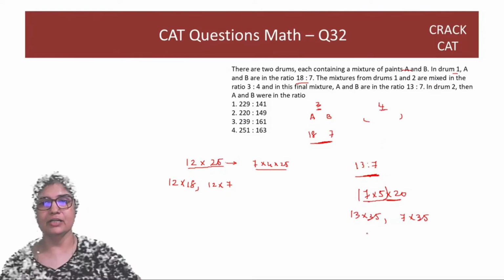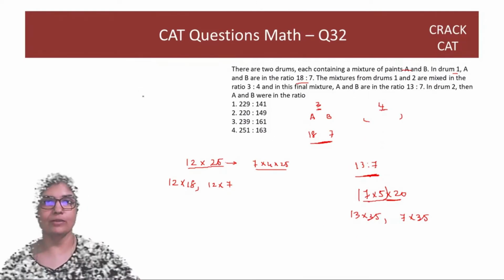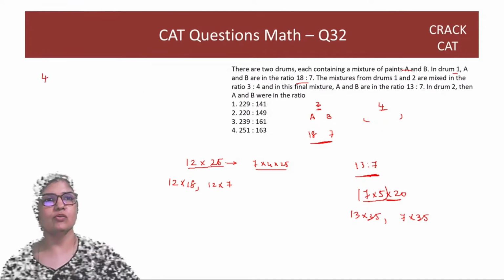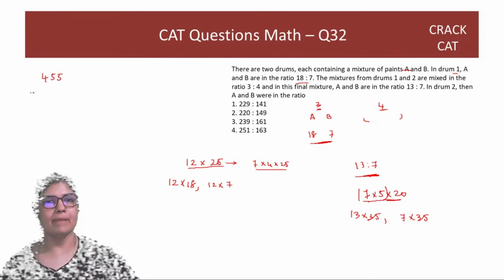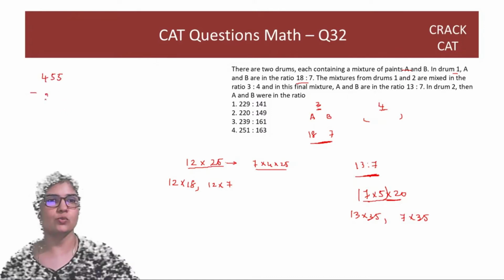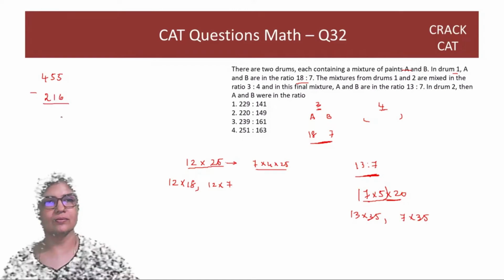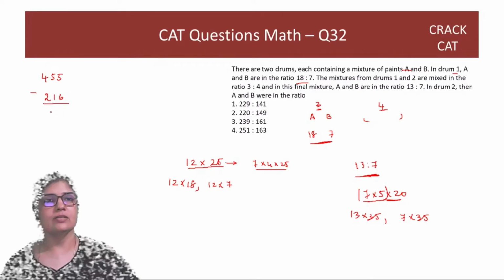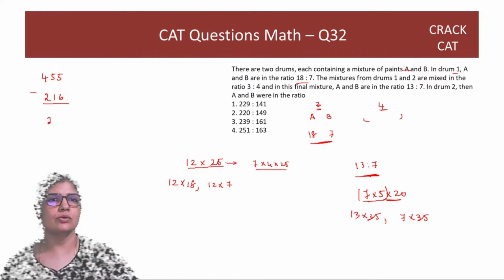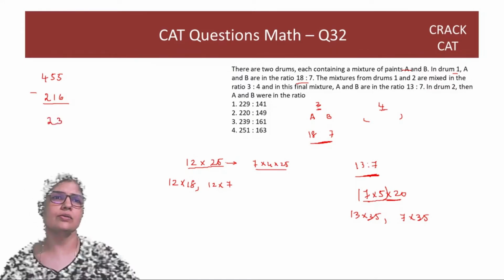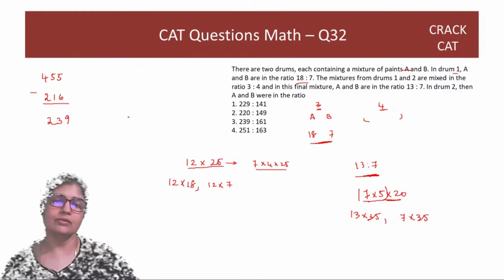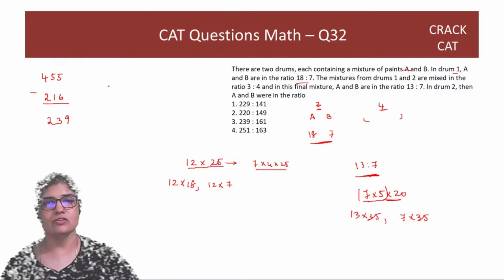Okay, so 13 into 35 is how much? We'll work with that here. It's 350, 455 minus 12 into 18, that's 216. Right? So this works out to 239. And similarly, the other one, we can again just check.